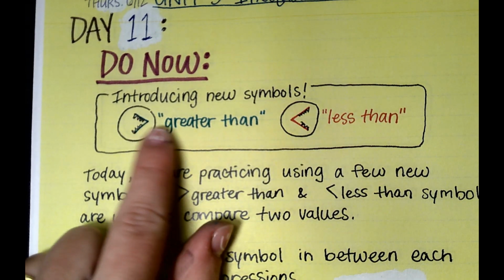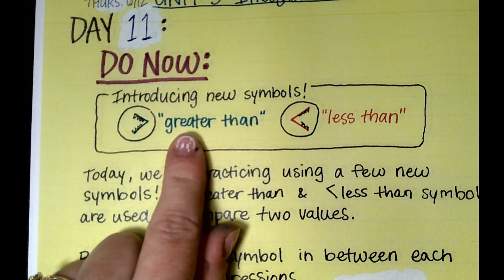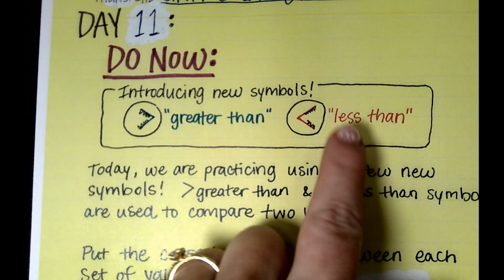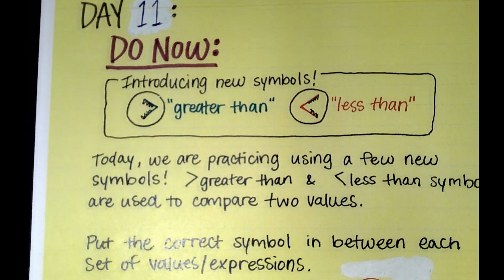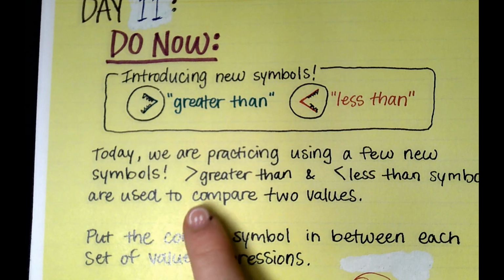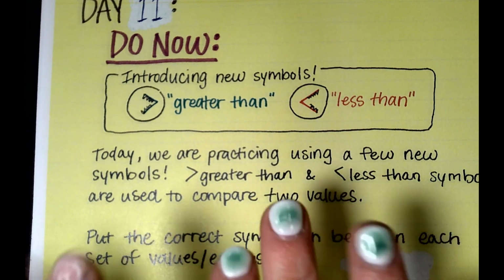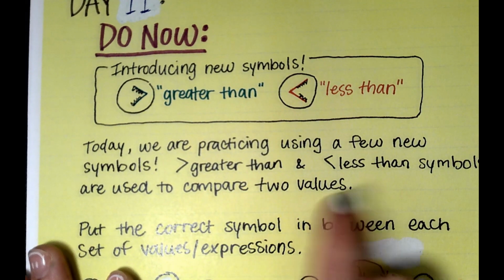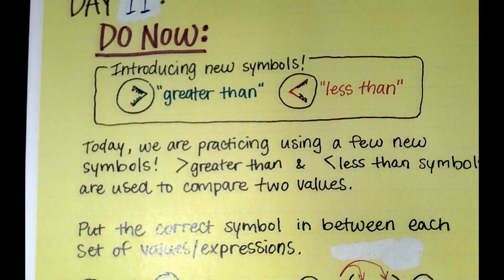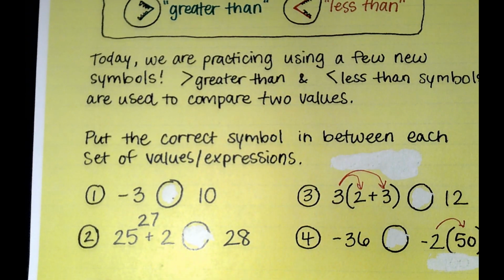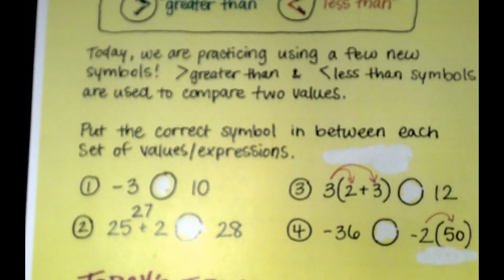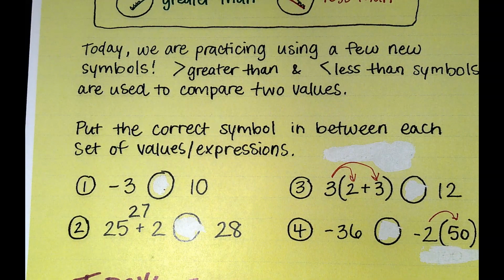This symbol means greater than or bigger, and the next symbol means less than or smaller. So we're going to use these symbols to compare two values or two numbers. The activity I have down here for you involves just comparing some numbers.